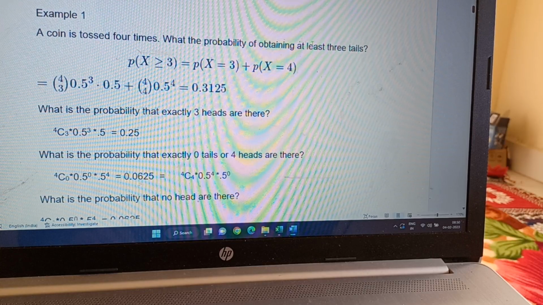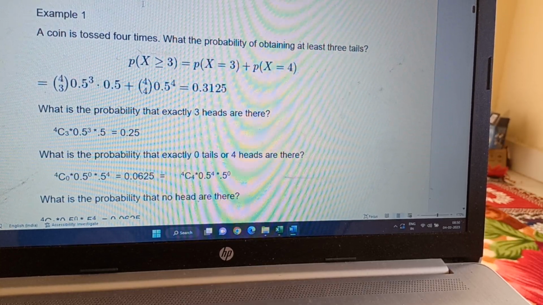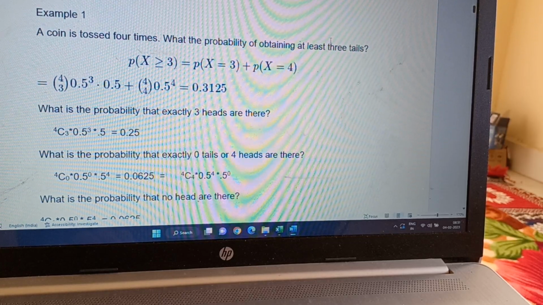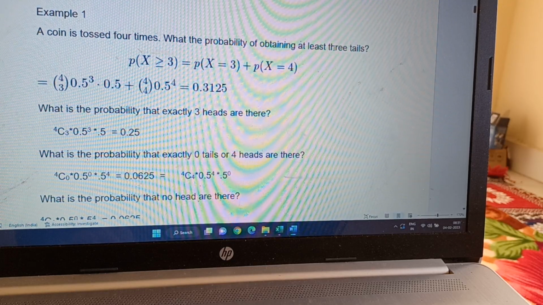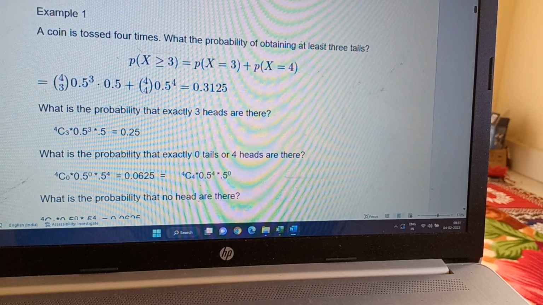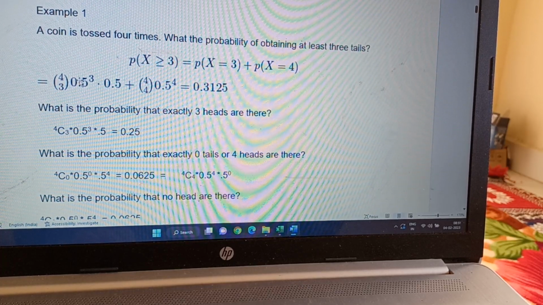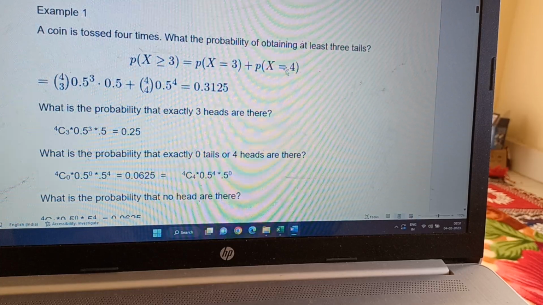At least 3 tails means 3 tails and 4 tails, because there are only 4 tosses. The maximum it can be is 4 tails, and the minimum it has to be is 3 tails. So I calculate the probability of exactly 3 tails plus the probability of exactly 4 tails.